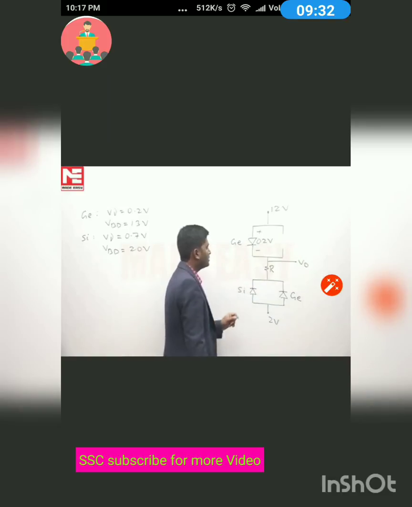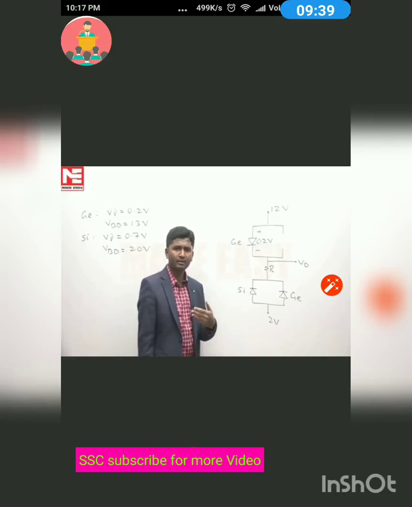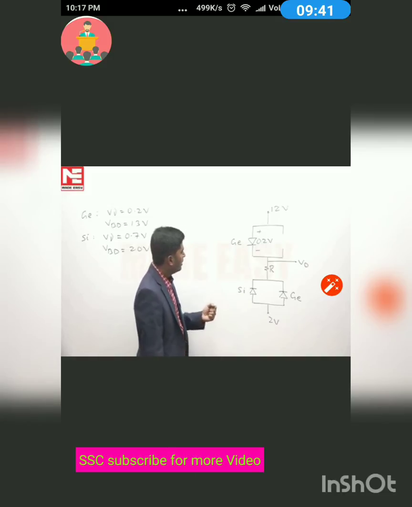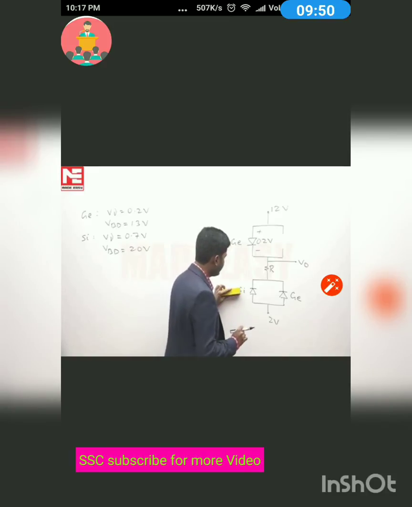Whenever two diodes are in parallel in this way, the diode having the lower cut-in voltage will be in forward bias and the other diode will be off. Next, if you look at the remaining two diodes, they are in reverse bias. So let me initially assume them as open circuit.